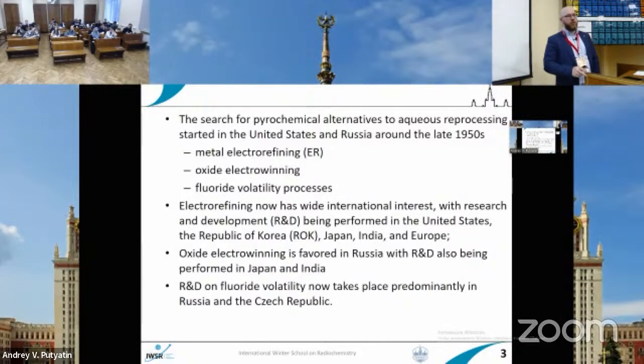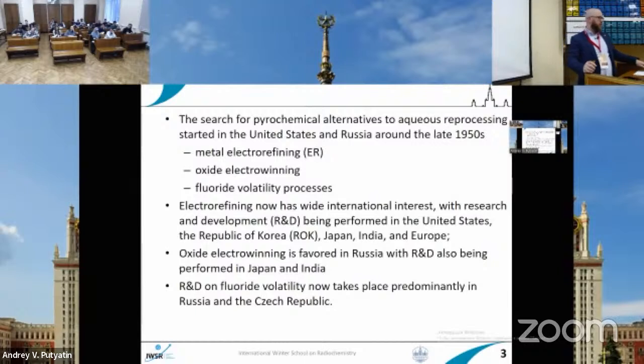The applications of molten salts and electrochemistry at high temperatures started actually quite a long time ago. Already in the 50s, there were ideas to use these methods for nuclear fuel reprocessing, because generally these electro-refining methods are widely used in normal hydrometallurgy, for example, for copper refining and purification.